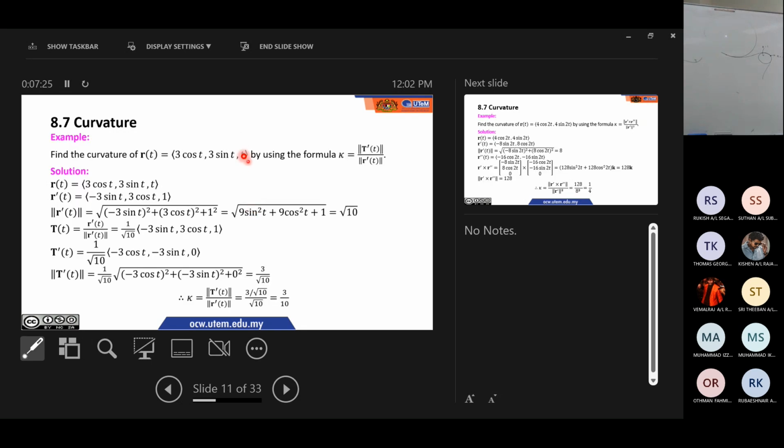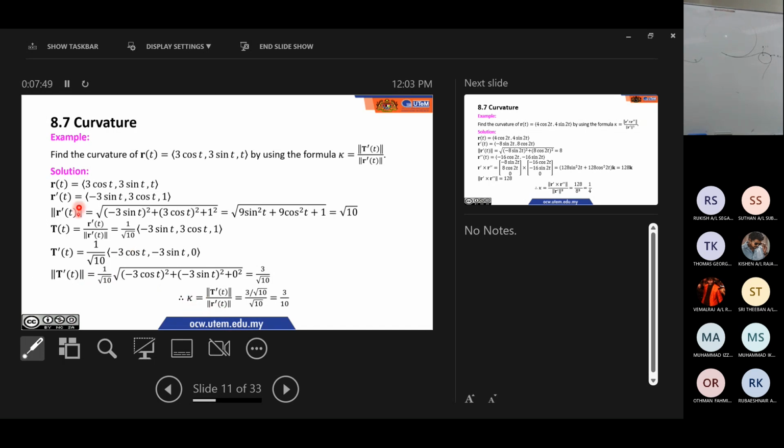Now we look at the computation of the curvature. This is the formula, and you are given R. So we have to find R prime, the magnitude of R prime. You have to compute the unit tangent vector, then T prime, then the magnitude of T prime. Only then can you compute your curvature.